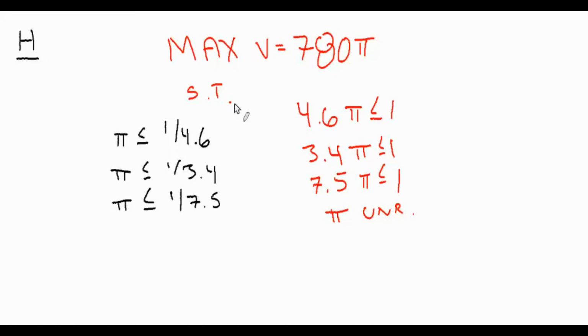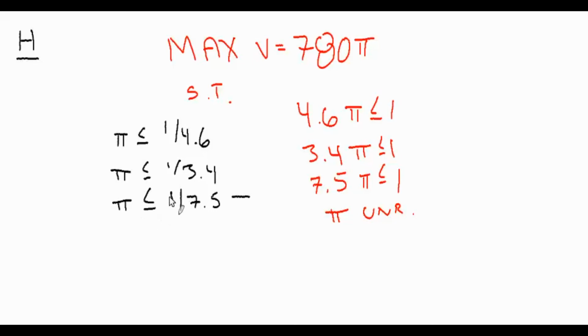And we're trying to maximize an objective function that has a positive coefficient in front of pi. So we're basically trying to maximize pi, right? So the most restrictive one of these constraints is the one with the smallest value on the right-hand side, and that would be the one that has the largest denominator, right? So that would be this one.